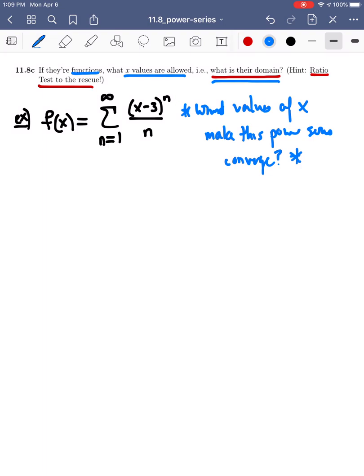So let's take a look at this power series. Now, the way we could try to approach this is, say, choose your favorite x value. We could try, say, x equals 7. So we consider this function f evaluated at x equals 7.